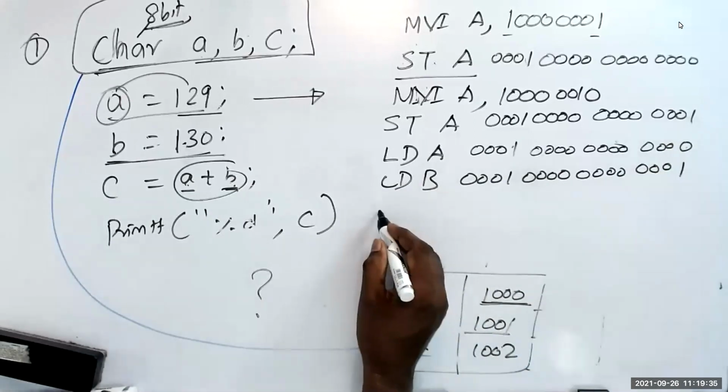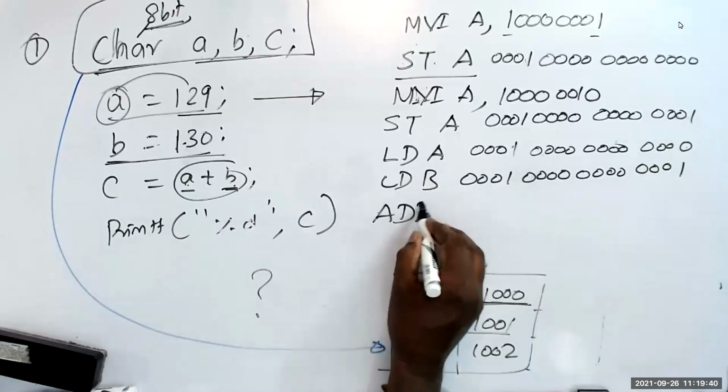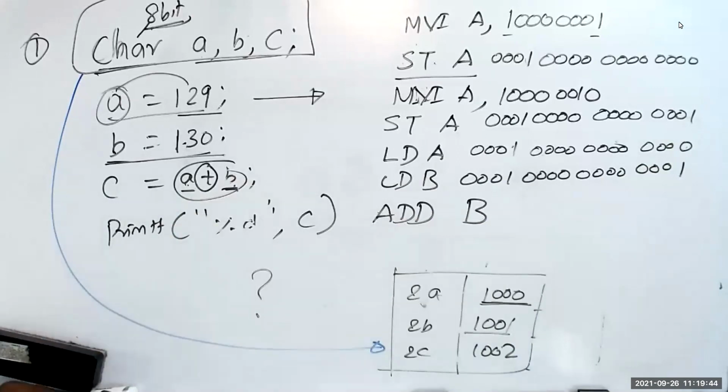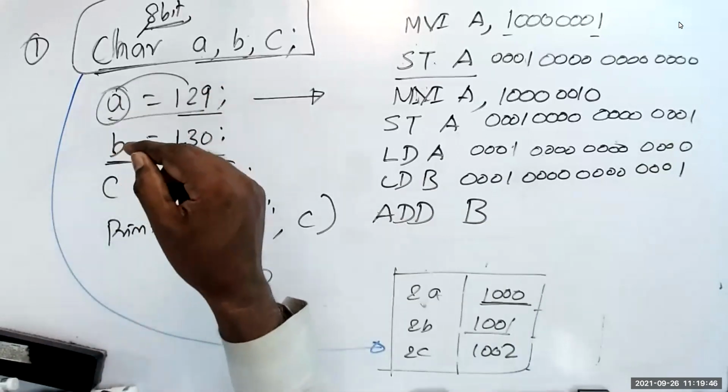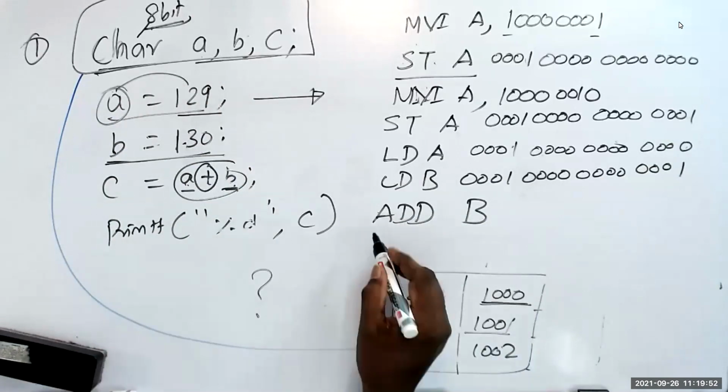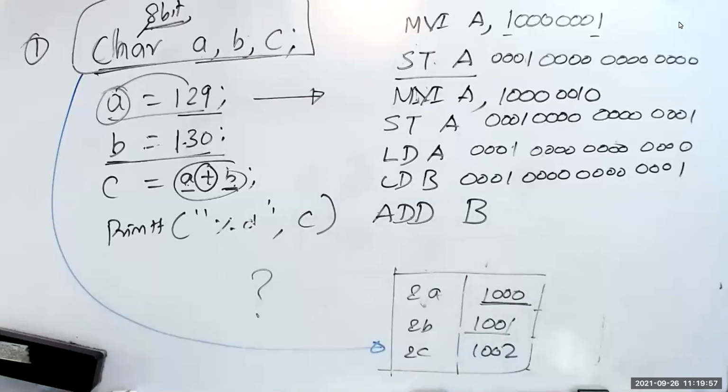Then I say add B because you are adding. See how I am translating every line of your code. Add B and add the result. Now the result is at A. Am I right?